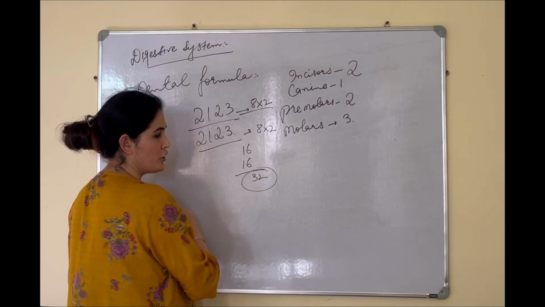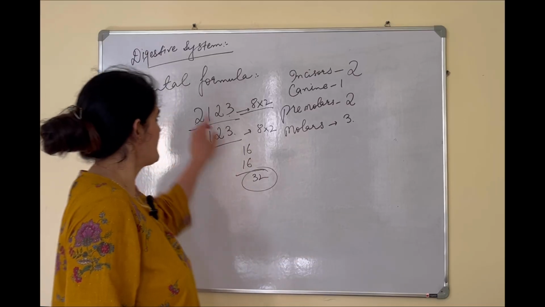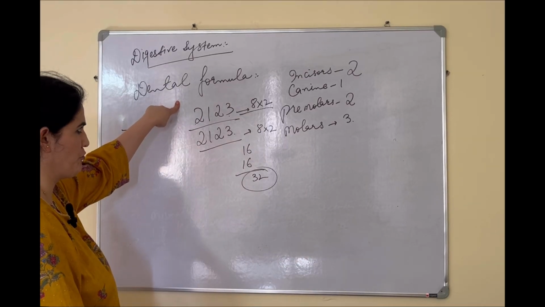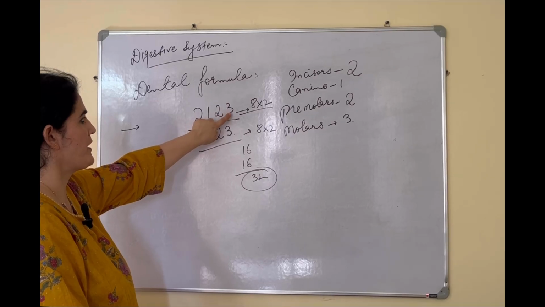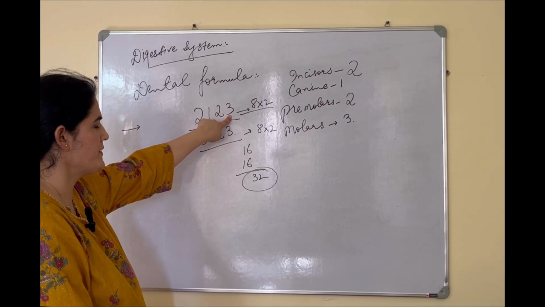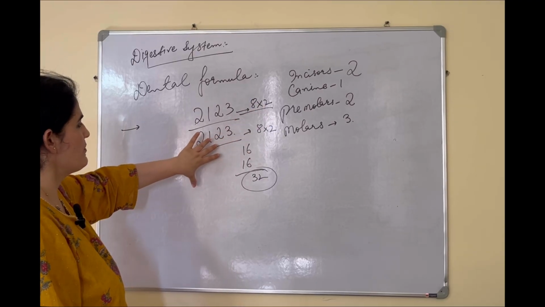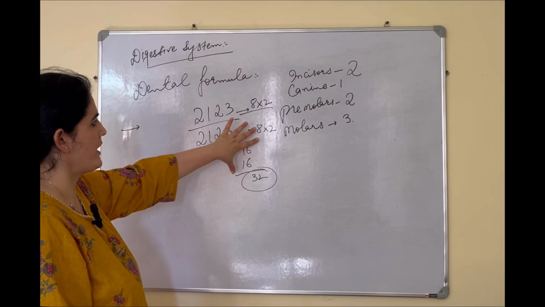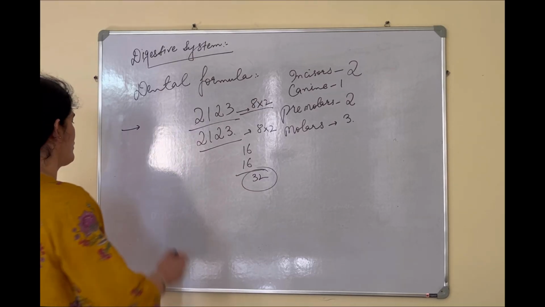So we have 32, which is the permanent set of teeth in human beings. So this is the dental formula for human beings: two pairs of incisors, one pair of canine, two pairs of premolars and three pairs of molars, on the upper and lower jaw. So 8 into 2, and similar for the lower jaw, 8 into 2, that is 16 plus 16, 32 teeth.